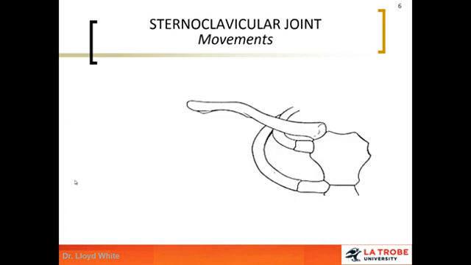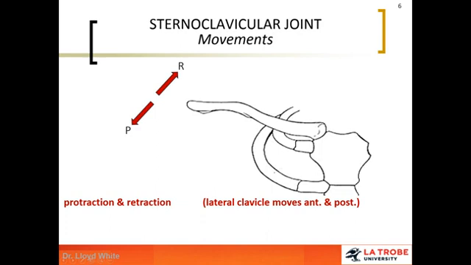So let's look at these movements in a little bit more detail. Again, we've got the manubrium, a couple of ribs here, and the clavicle. Our first range of motion is protraction and retraction, and this is where the lateral end of the clavicle moves anteriorly and posteriorly. And these are the movements being limited by the anterior and posterior sternoclavicular ligaments.